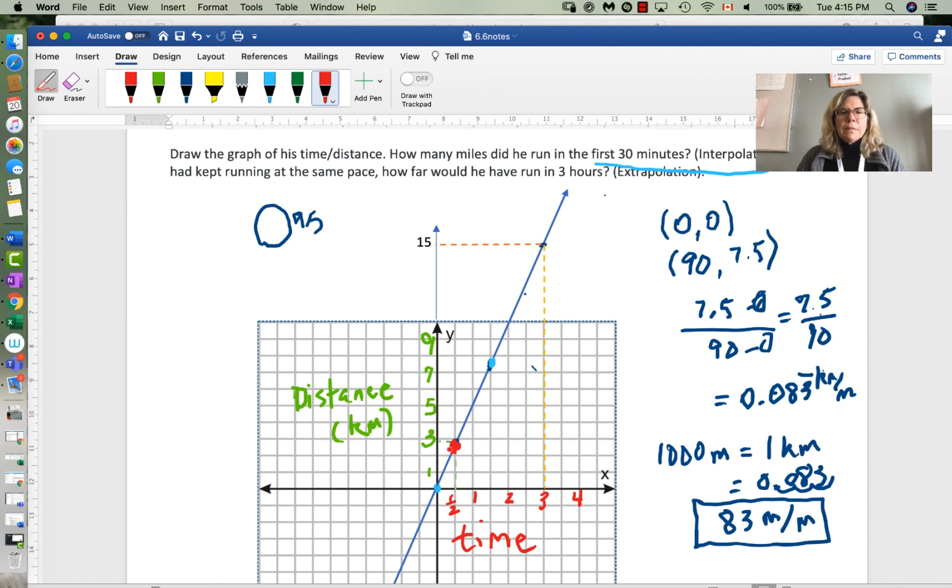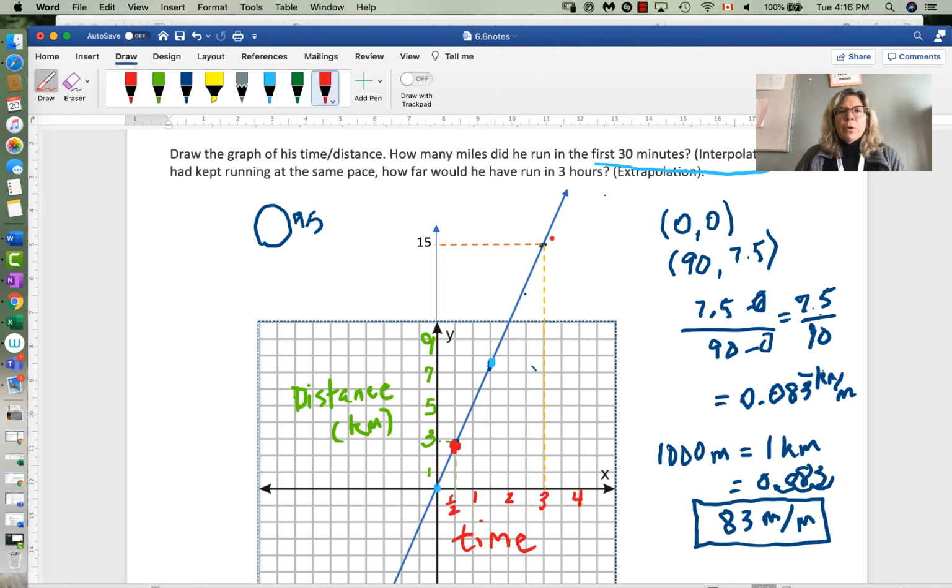A little bit less. And then it says if he kept running at the same pace, how far would he have run in 3 hours? So that's extrapolation, because our 2 points are down here on the graph. They're not out here. So if he kept running for 3 hours at the same pace, he'll run about 15 kilometers, which is a pretty long way.